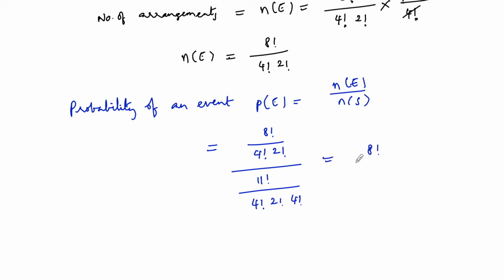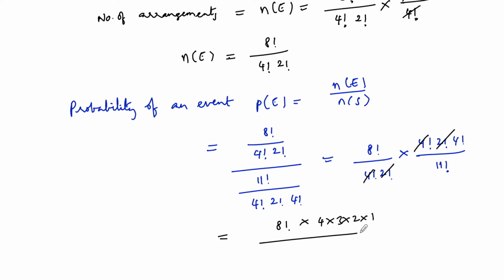So we can also write 8 factorial by 4 factorial into 2 factorial into 4 factorial into 2 factorial into 4 factorial upon 11 factorial. So we can cancel this 4 factorial and 2 factorial. So we can simplify and write 8 factorial into 4 into 3 into 2 into 1 divided by 11 factorial, we can write 11 into 10 into 9 into 8 factorial.